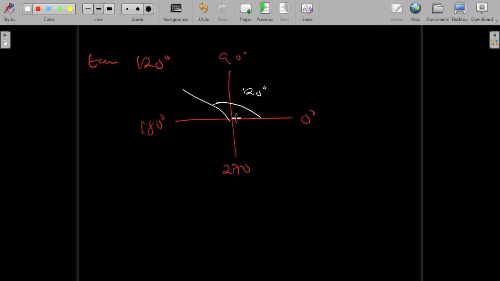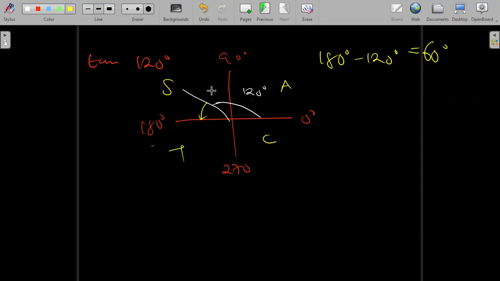Now I need to find the reference angle, and my reference angle is this one here. If I subtract 120 from 180, I get that reference angle. So 180 degrees minus 120 degrees gives me my reference angle, which is 60. And here again, I remember my quadrant: All Students Take Calculus.